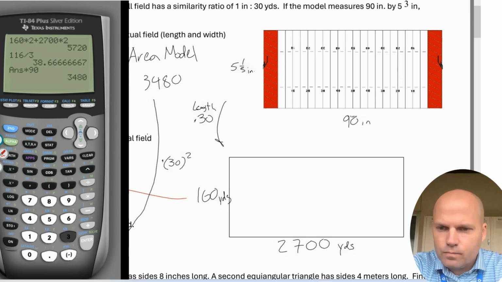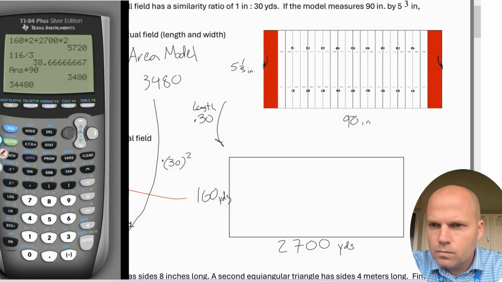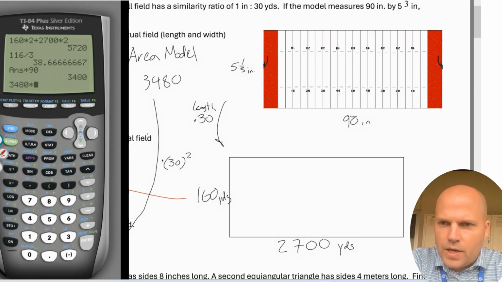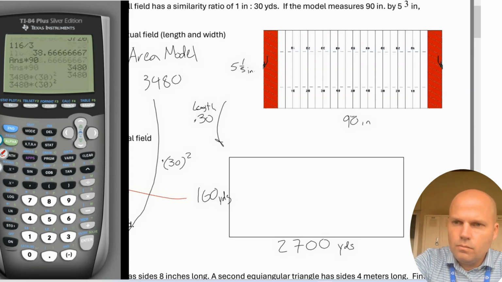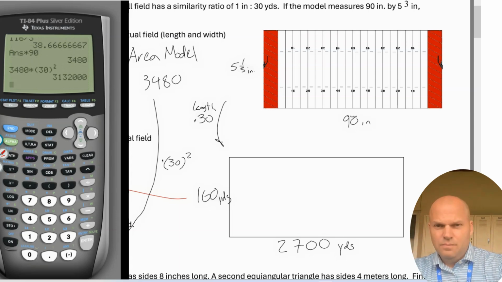3480 times parentheses 30 squared. Okay. Huge number.